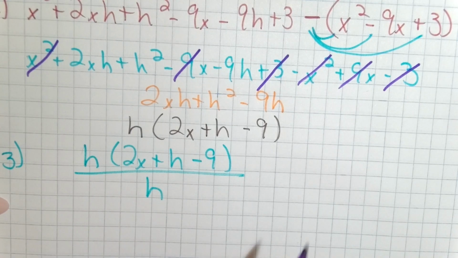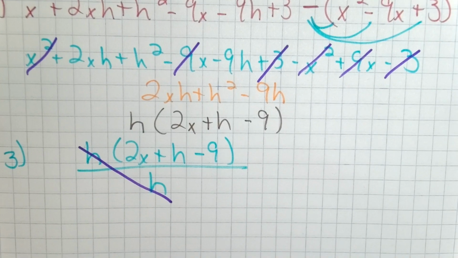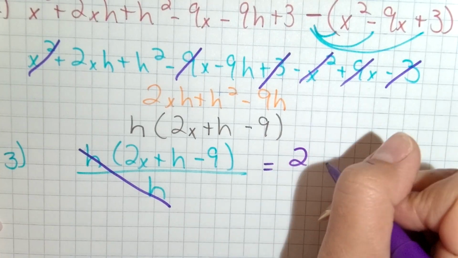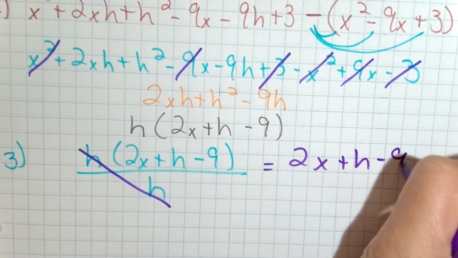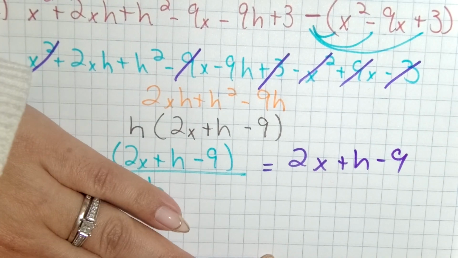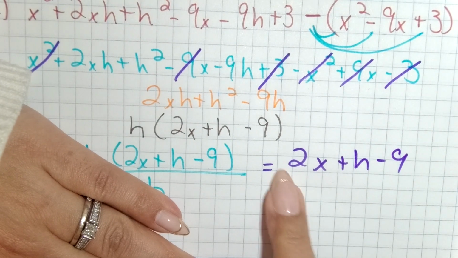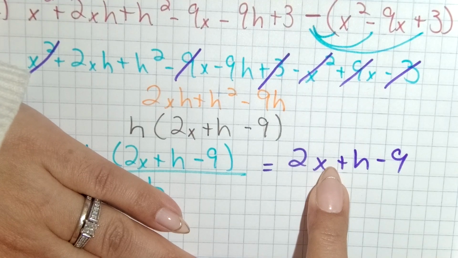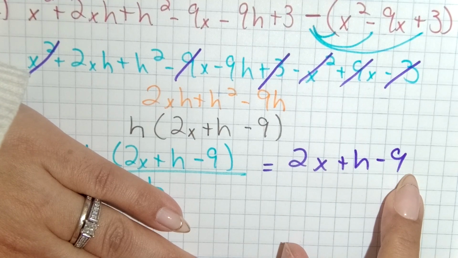Cancel out. So I can cancel out these h's. Do I have any more h's I can cancel out? Nope, because I'm left with only this. Because when I cancel out these h's, they go away, right? So then I'm only left with this.